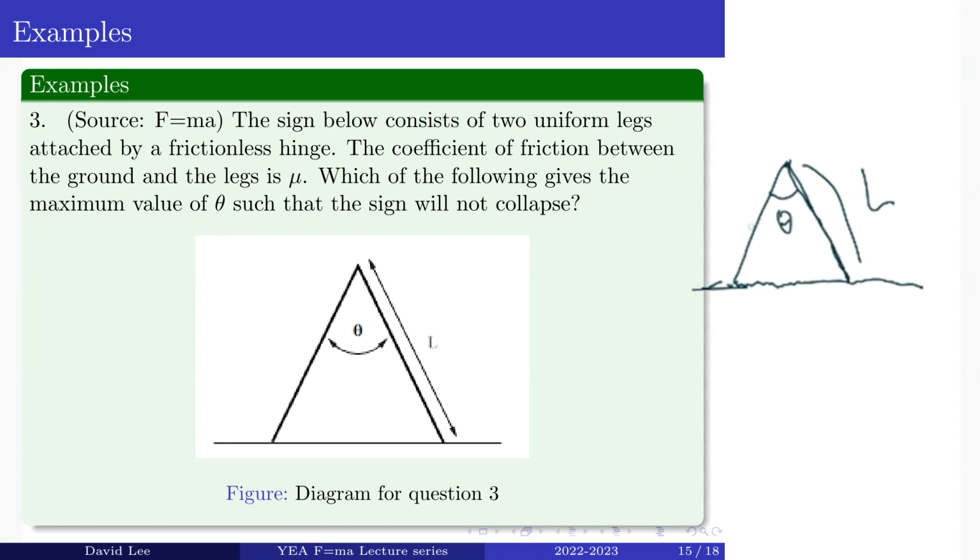Each leg of the sign is going to experience some gravity, and there also has to be a normal force that holds it up. And there's also a friction force right here, to keep it from slipping.